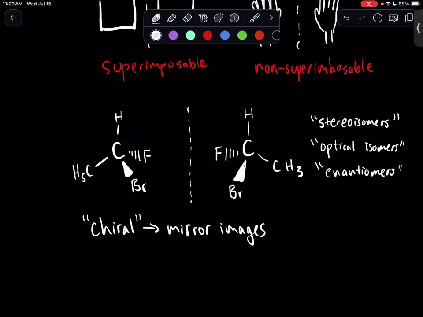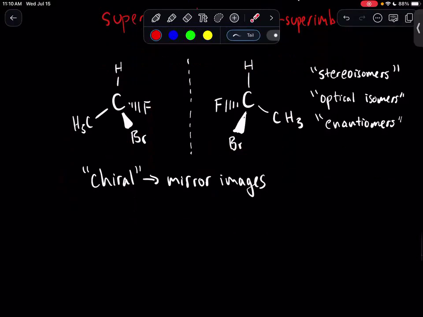Now, just to help out a little more, one of the things I like to do is actually look at our stereoisomers or optical isomers or enantiomers from the top down. I find that usually helps me a little bit. When I'm looking from the top down, I'm going to go ahead and give these all a color code.